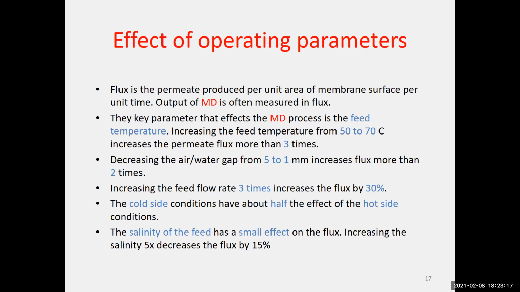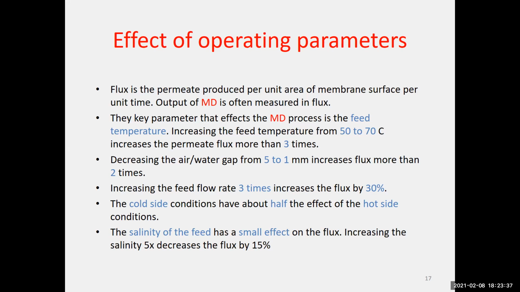When we are talking about a membrane operating between 50 and 70, then 70 is going to operate better than 50. If you have 90 degrees, it's going to operate better than 70 degrees. Going from 50 to 70 would increase the flux by like 3 or more.